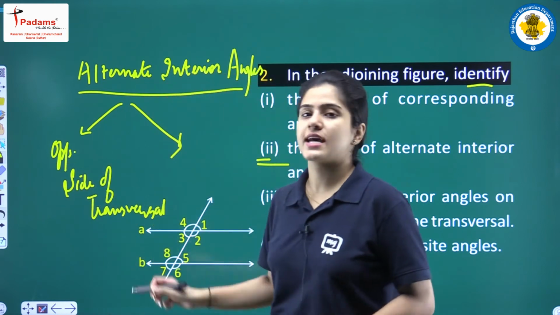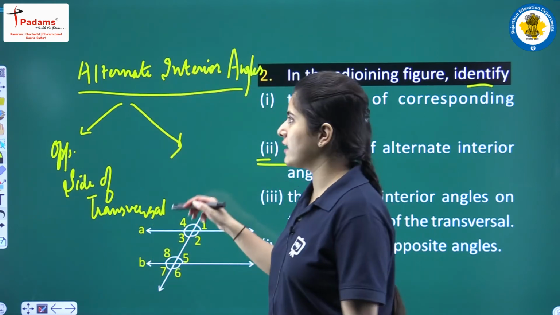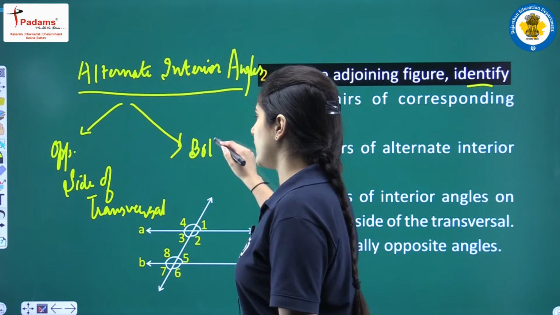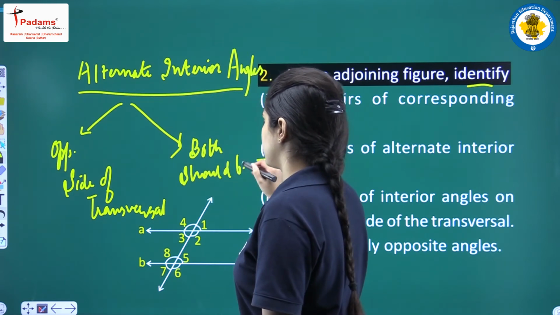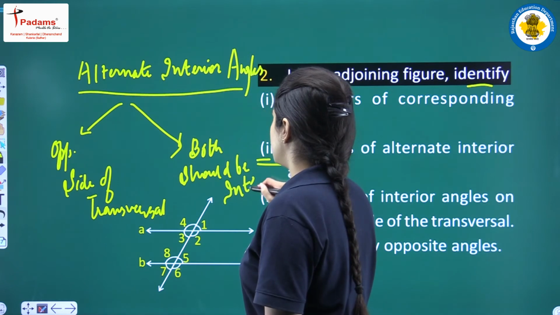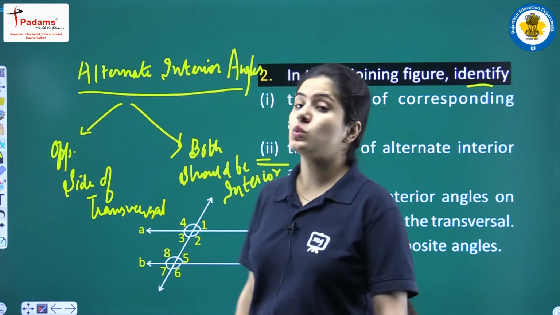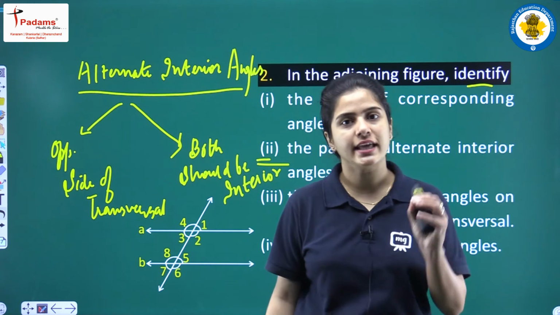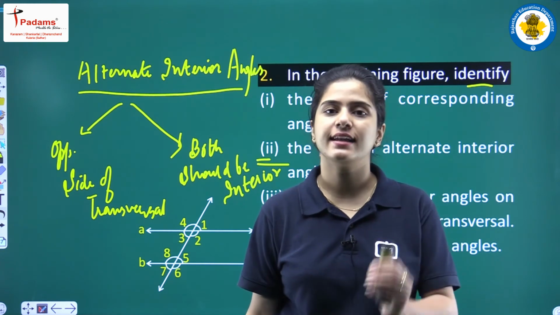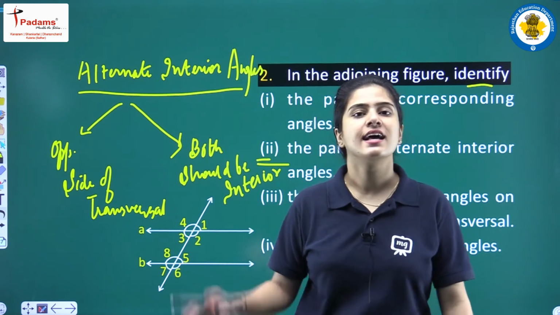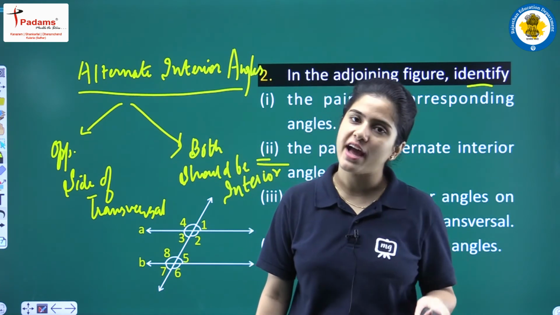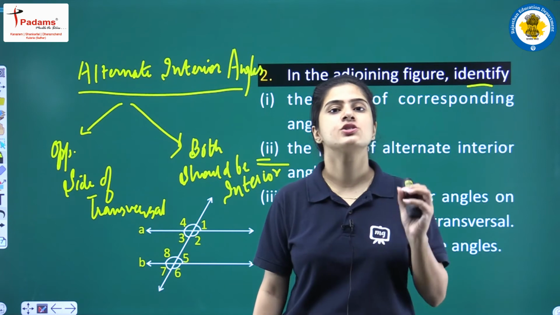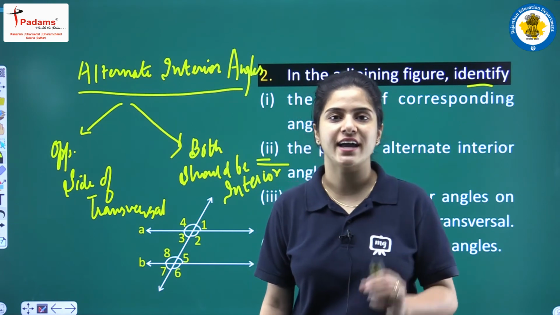Right, opposite side of the transversal, and the second condition is that both should be interior. So these are the two necessary conditions for any angle to be an alternate interior angle. So what is an alternate interior angle? The angles should be interior angles and also the angles should lie at the opposite side of the transversal.